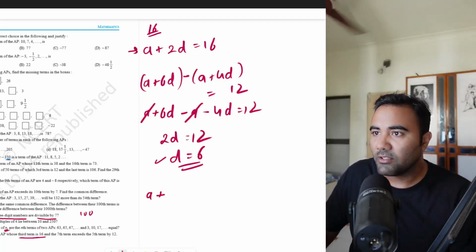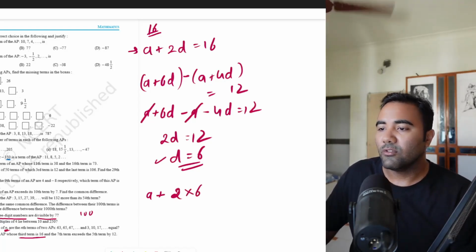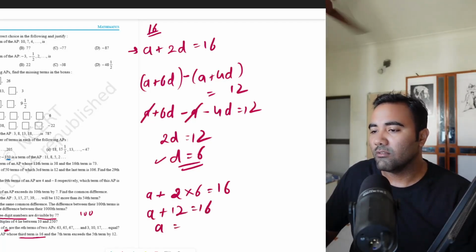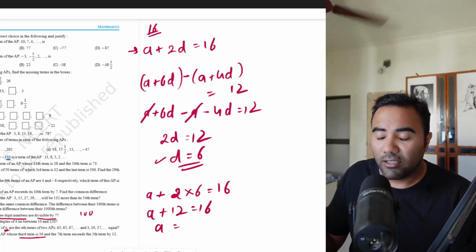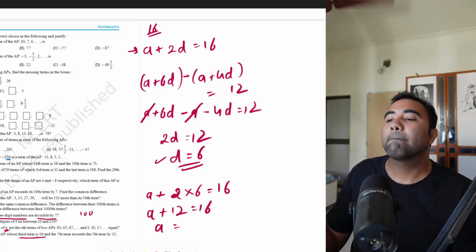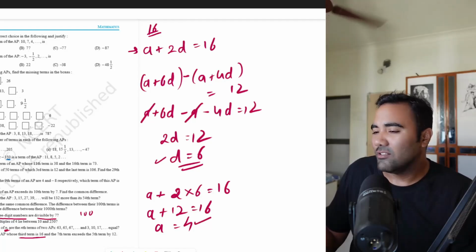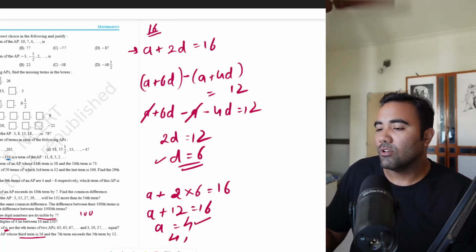So a plus 2 into 6 is equal to 16. So a plus 12 is equal to 16. A is equal to 16 minus 12, and 16 minus 12 is 4. A is 4, d is 6, so 4 plus 6 is 10, 10 plus 6 is 16. This is the AP.